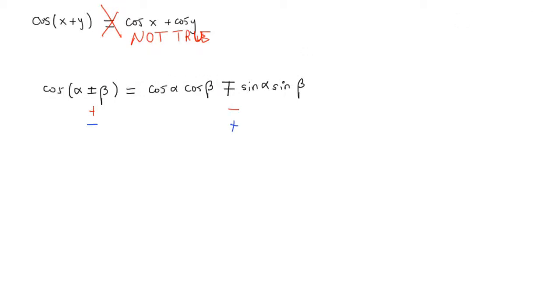And for sine, S-I-N-E, the identities are as follows. Sine of alpha plus or minus beta. And this one's a little funny in a different way. Instead of having a minus plus, it also has plus minus. So that part is the same.